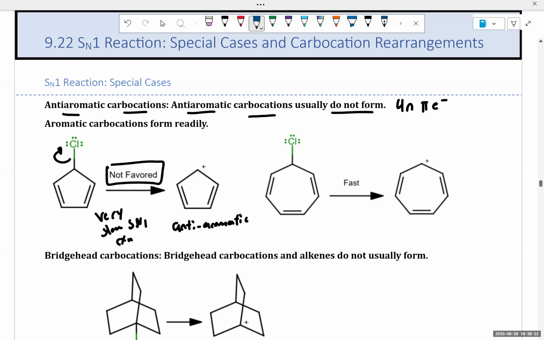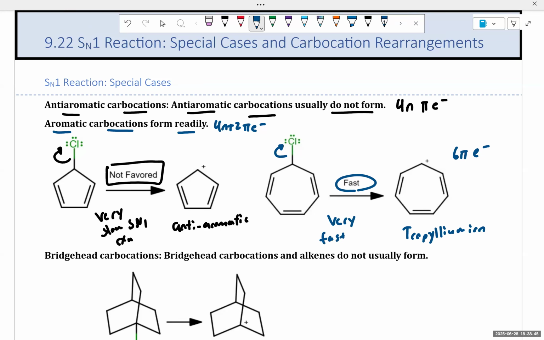As a corollary, aromatic carbocations form readily. These have 4n plus 2 pi electrons. So for example, this carbocation, which is the tropylium ion, has 6 pi electrons, and this carbocation formation is very fast, so you will see a very fast SN1 reaction.